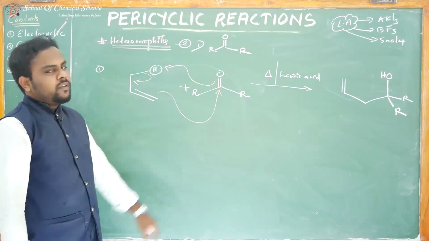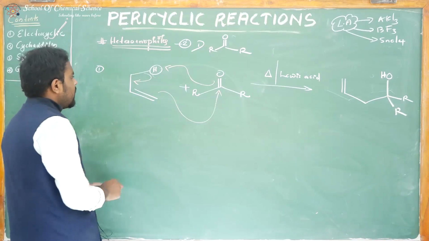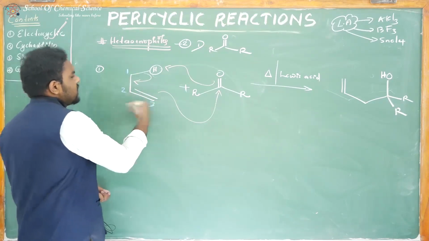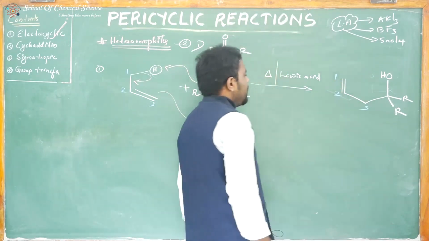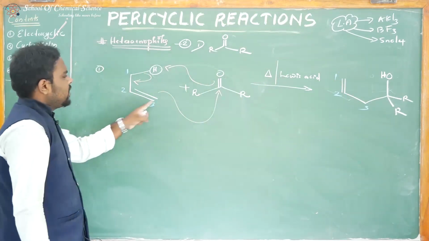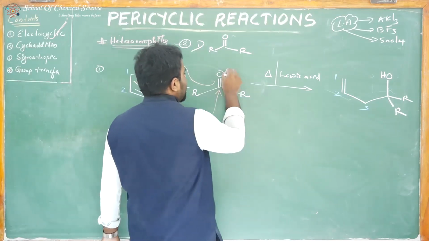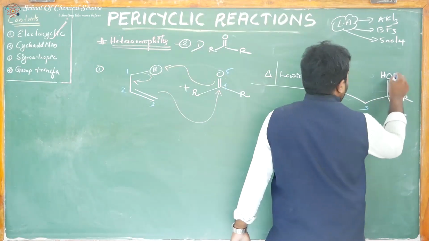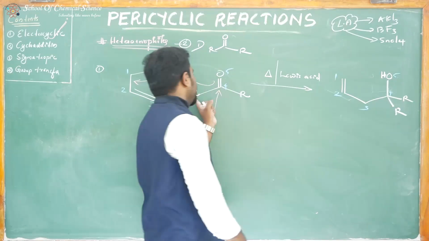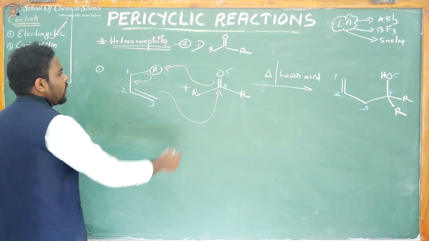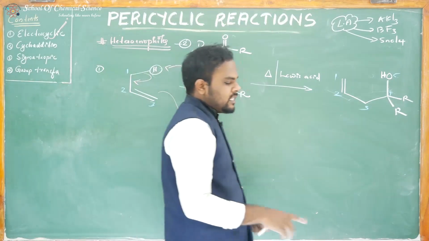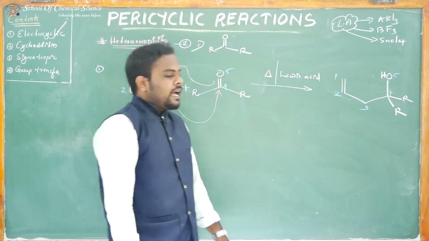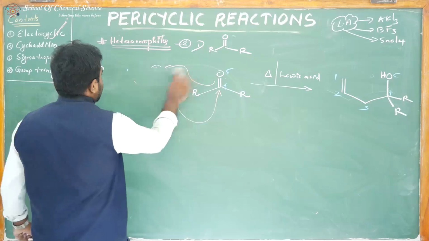Numbering: this is 1, 2, 3. Between 1 and 2, a pi bond. 3 is connected to 4 and 5. The fourth carbon contains two R groups, and the fifth carbon has O, which becomes OH. So this is also an example of an ene reaction.